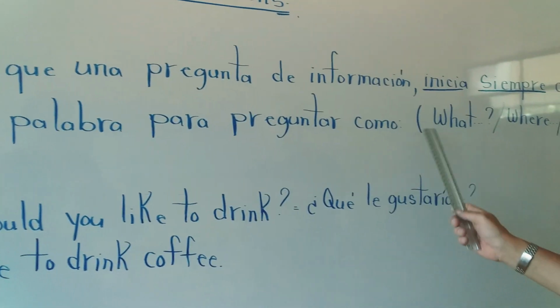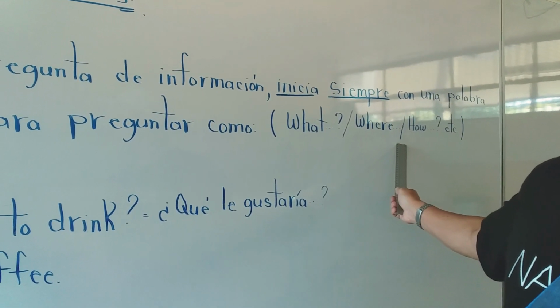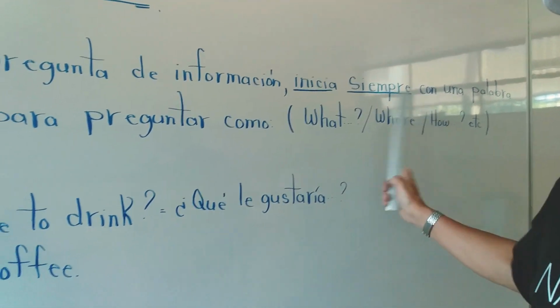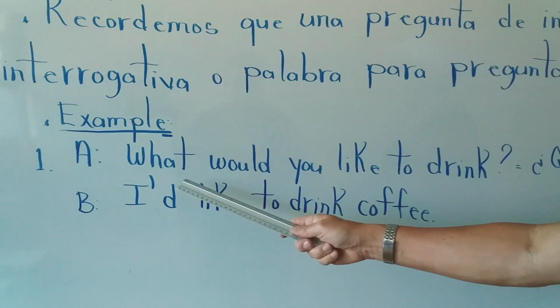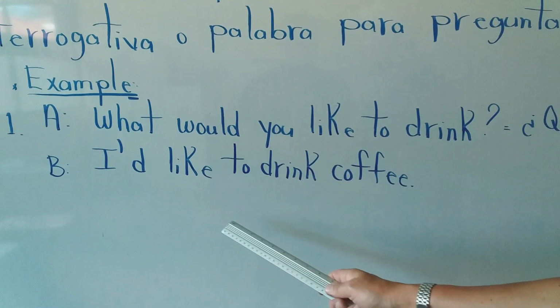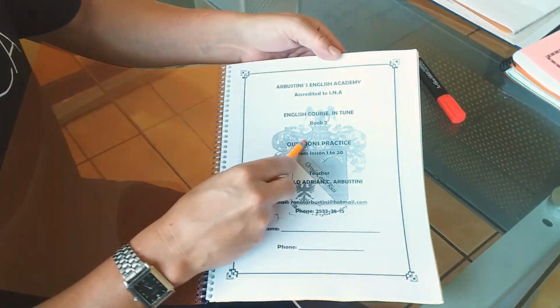For example, what, where, how old, what time, which, whose, etc. Example, what would you like to drink? I'd like to drink coffee. Thank you.